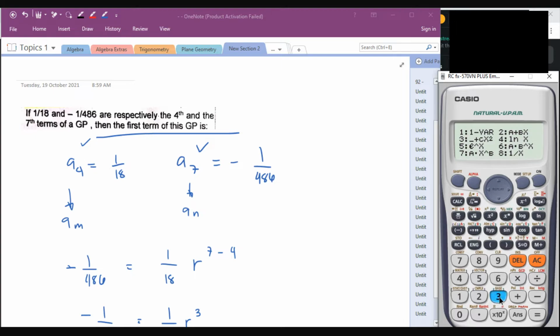Mode 3, 6. Ayun. Dito, ang nilagay ko is fourth term. The fourth term is 1 over 18. Tama. Tapos dito, 7th term. Sumunod is negative 1 over 486.